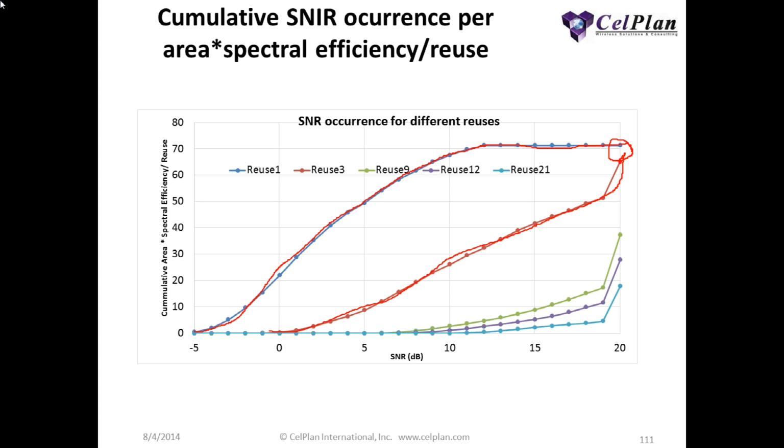So I would say that it's up to the user to decide between reuse of 1 and reuse of 3. My personal trend will be to go with reuse of 3 because I will have a faster instantaneous throughput.